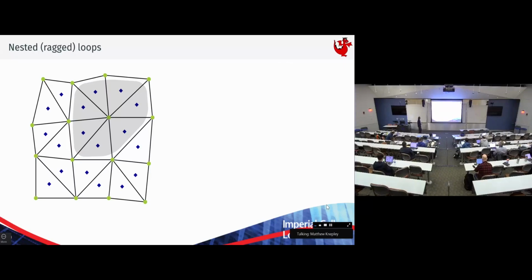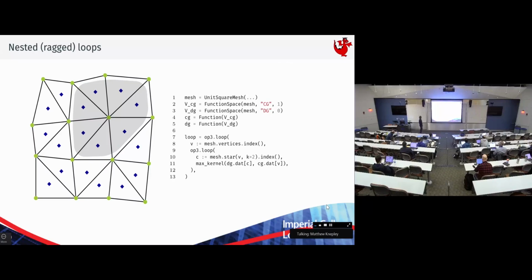So how do I write that in pyop3? Just like this. So I have a loop over vertices, and then I loop over the cells that are in the star, which is one of the DMPlex terminologies, the star of the vertex. And then k equals 2 just means give me specifically the cells. And then I call my kernel, where I pass in my 2 functions.